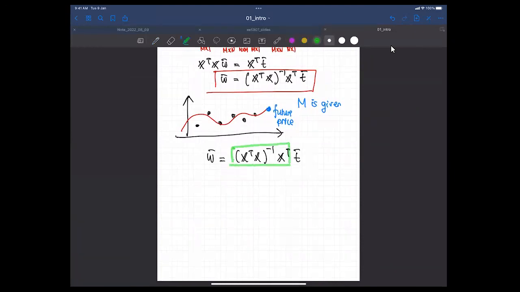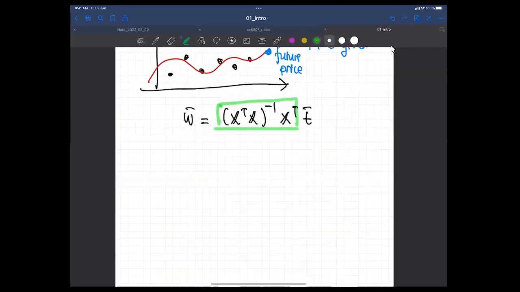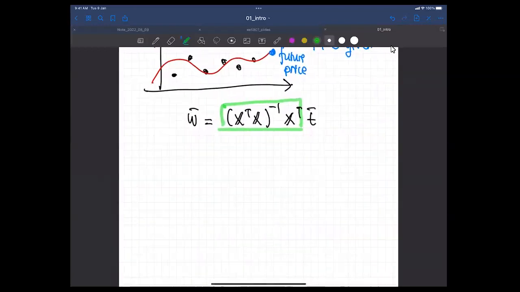This is the definition of the pseudo inverse. So this is actually X plus T bar, where X plus is the pseudo inverse.